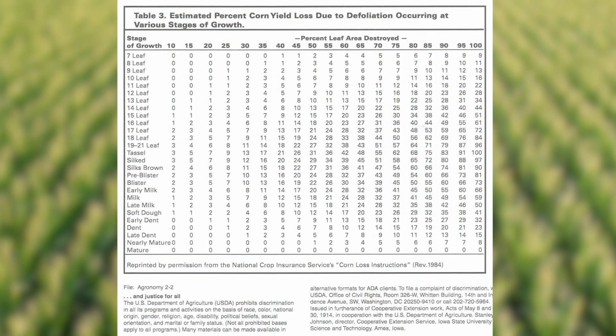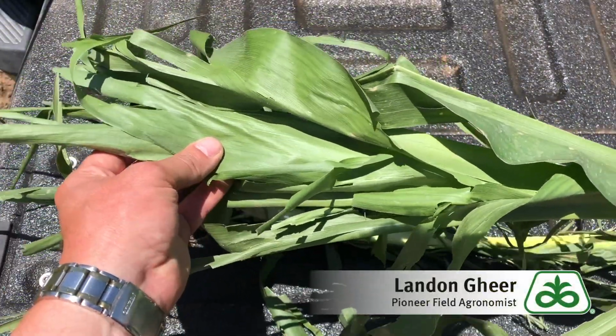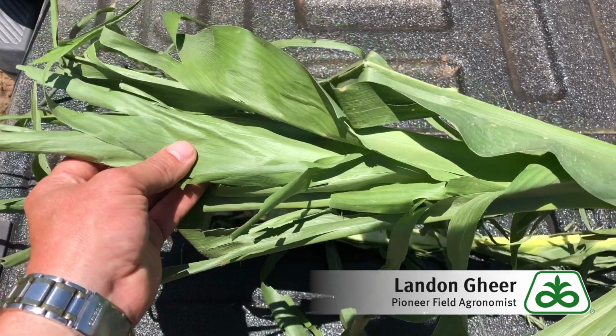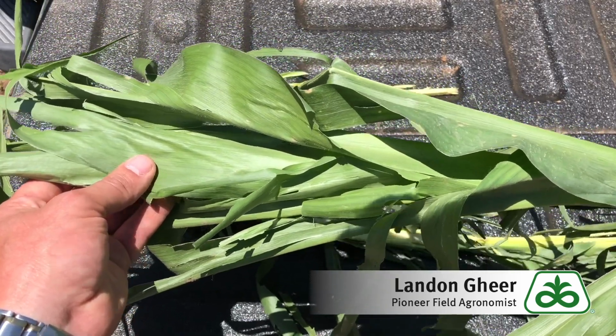So in this particular case, we're probably approaching an 80% defoliation of the leaf tissue that's out. Now, if you take into account the rest of the leaves that have yet to come out, then that lowers the percentage of defoliation and would lower the impact on yield.